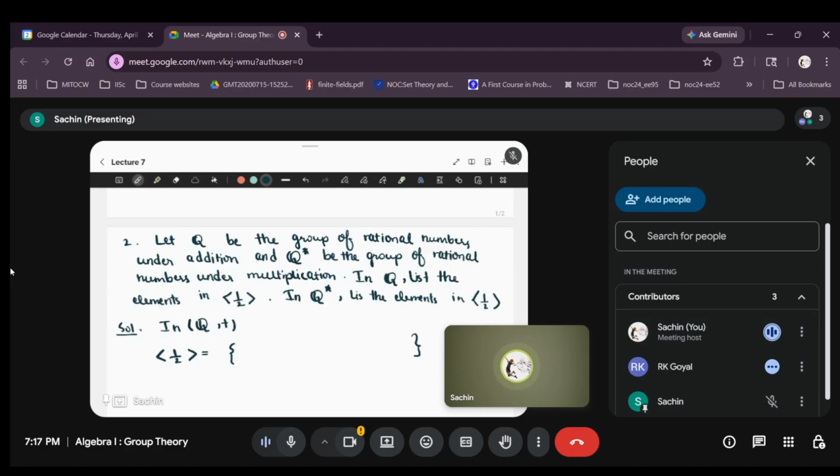So 0 times half, 1 times half, minus 1 times half, 2 times half. By 2 times half, you mean half plus half, and so on. Then 0 times half is also included. Then we have the inverse of half and multiples of that. So the inverse of half is minus half, and then minus half plus minus half is minus 1, minus 3 by 2, so on.